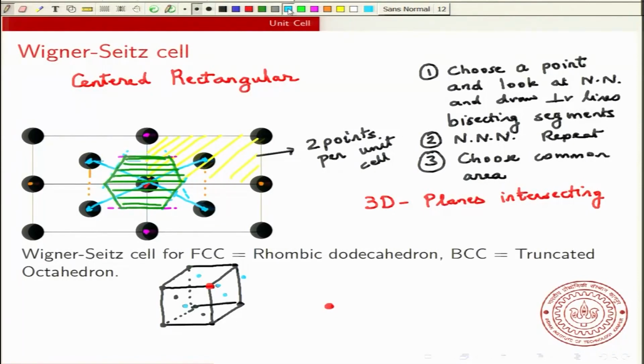So essentially, if I take this out and show it, I'll have a point like this, and I'll have nearest neighbors. I'll have 4 in the perpendicular direction, 4 in this direction. So I have 4 this way.